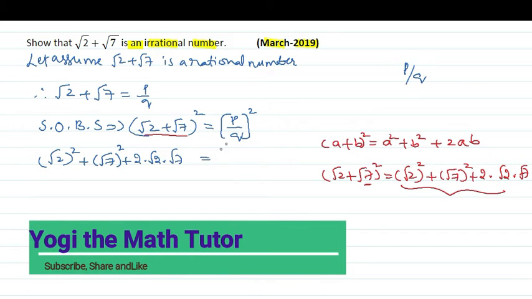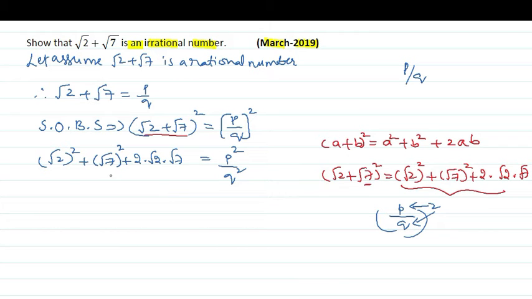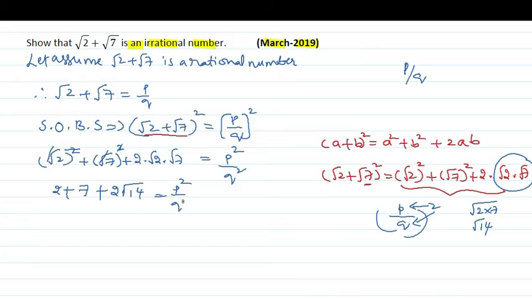This is equal to p by q whole square, which gives p square by q square, separating the square for both numerator and denominator. Now cancel the square root and the square: you will get 2 plus 7 plus 2 into, multiplying these two numbers, root a into b, root 2 into 7, that is root 14, which is equal to p square by q square.